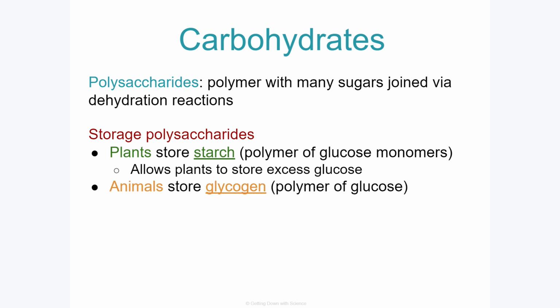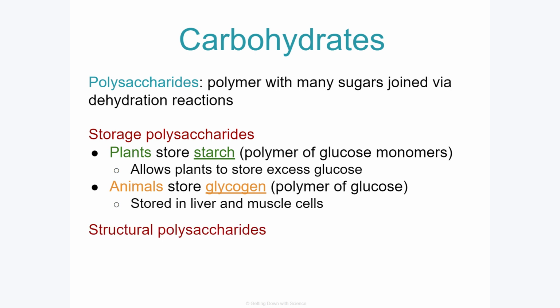Then animals store it as glycogen, which is, once again, just a polymer of glucose, so many glucose sugars put together. And these are stored in the liver and muscle cells of animals, including you.